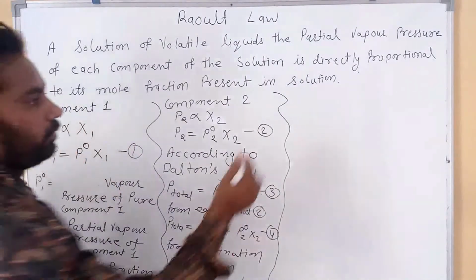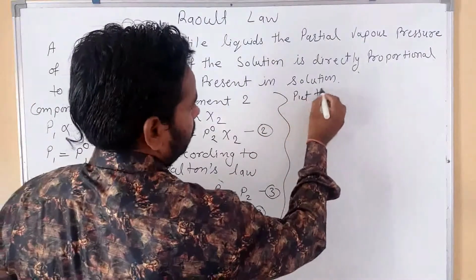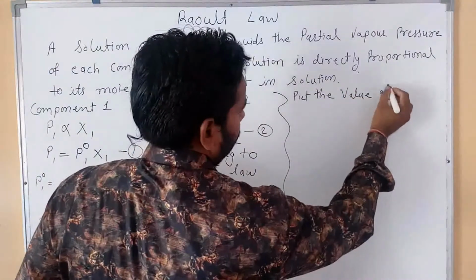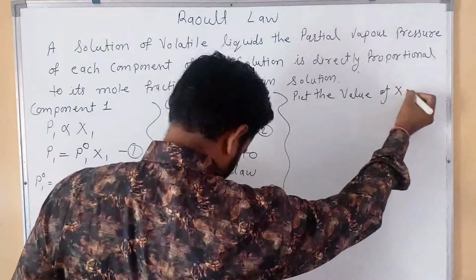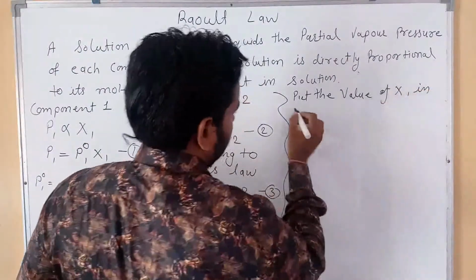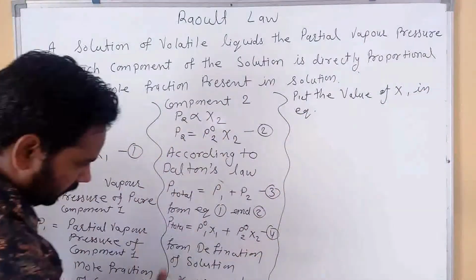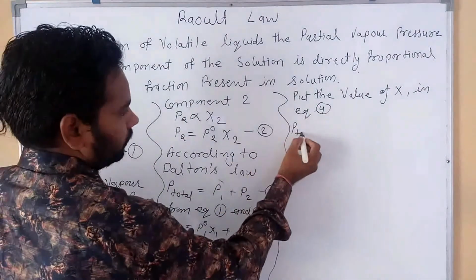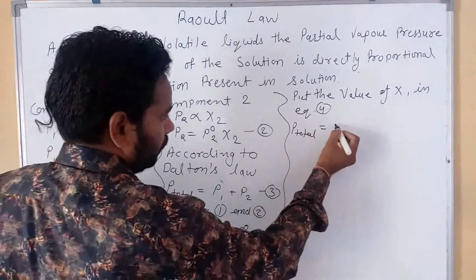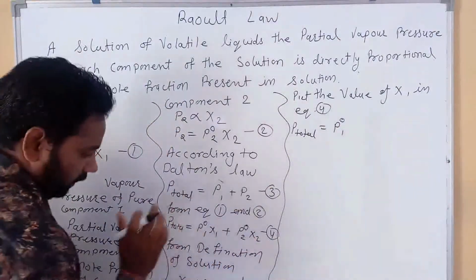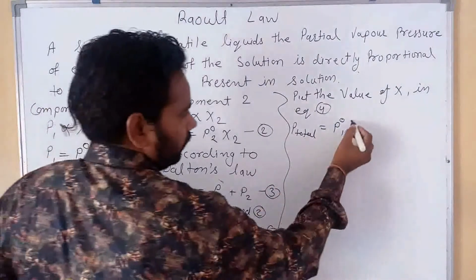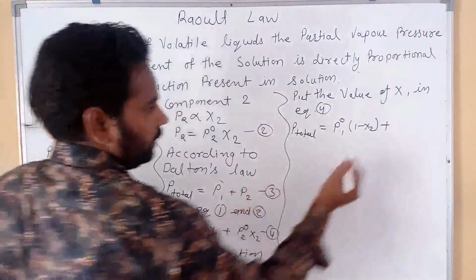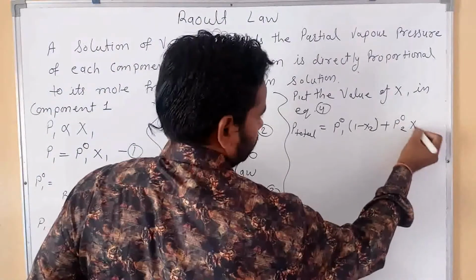Put the value of x1 in equation 4. Okay, so P total is equal to P01 times x1, where x1 is 1 minus x2, plus here P02 x2.